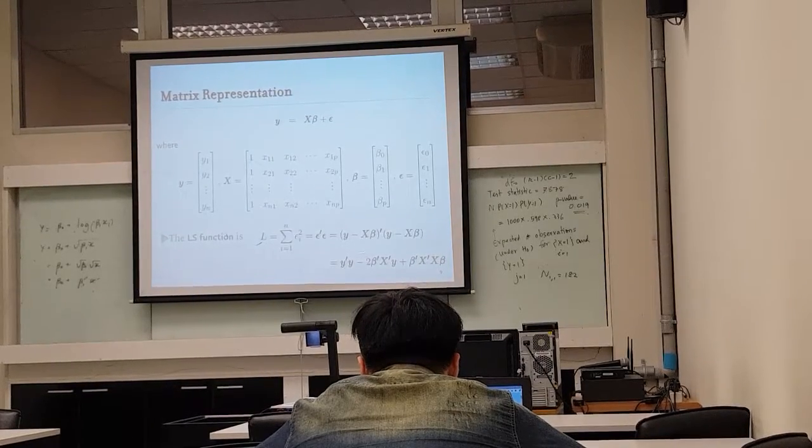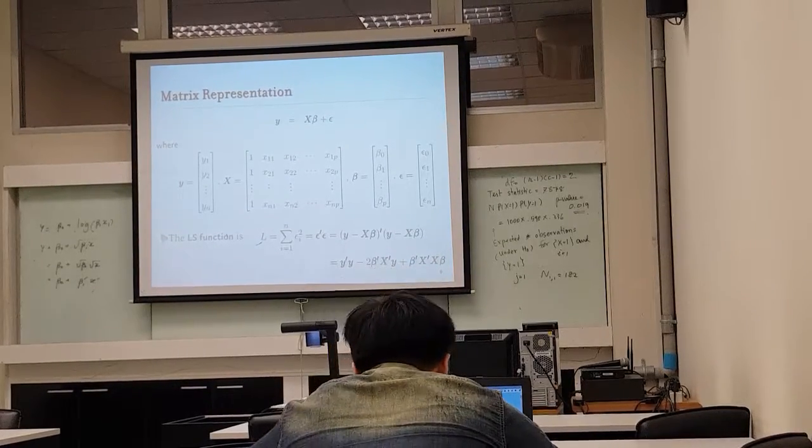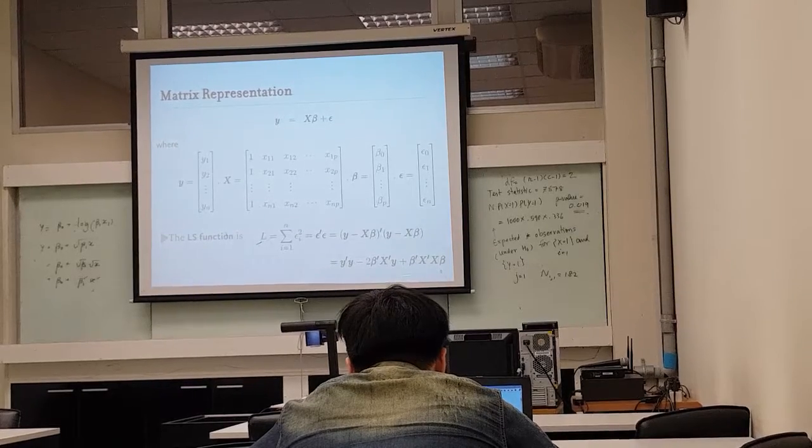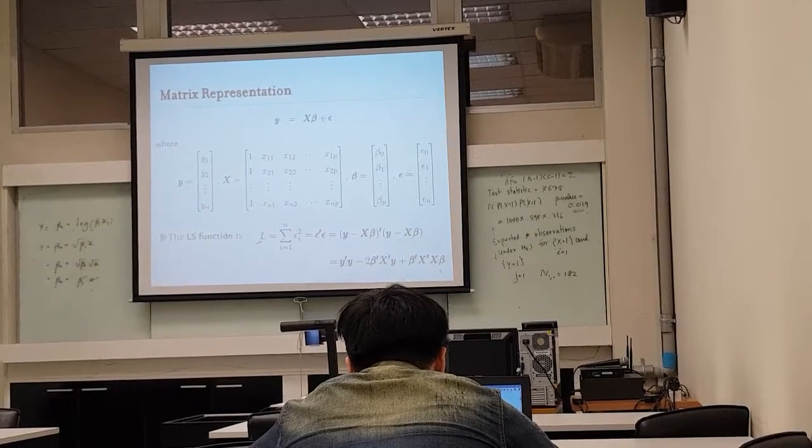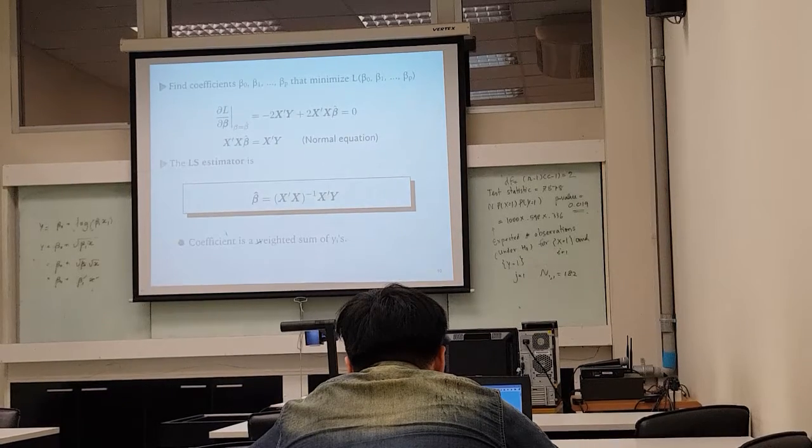Now we just do the matrix differentiation of this. You differentiate this matrix equation with respect to beta, because you want to find the beta that minimizes it. If you don't know matrix differentiation, that's alright, just look at this result.